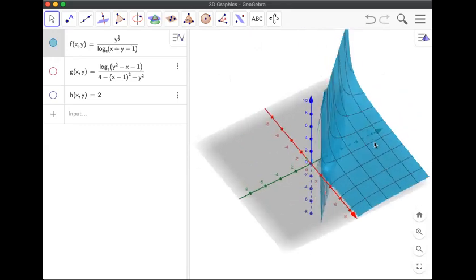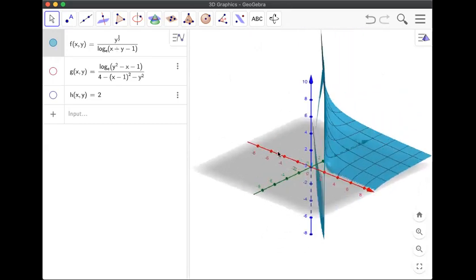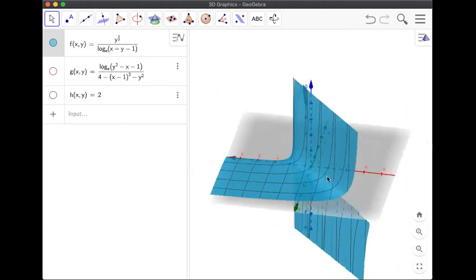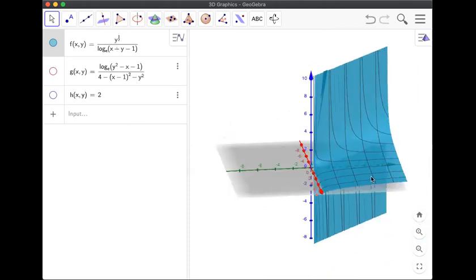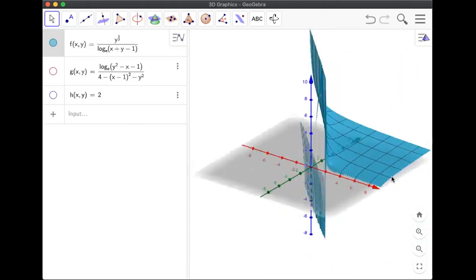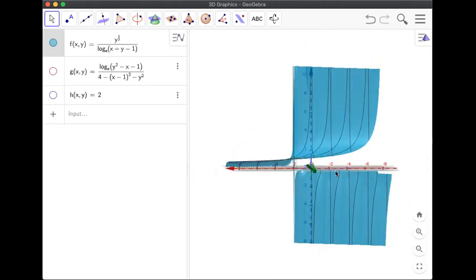The red guy here is your x-axis, the green guy here is your y-axis, and of course the blue guy here is your z-axis. Let me check. Yeah, those are the correct axes. But notice, what do we have in here?